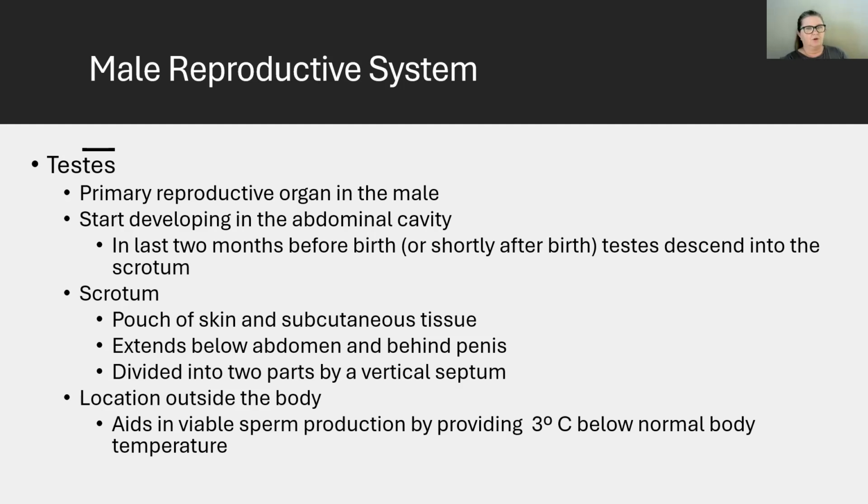So the fact that the sperm, which we'll talk about in a minute, is primarily produced, matured, and housed in the testes, and that their location is outside of the body, allows for it to be about 3 degrees Celsius below normal body temperature, aiding in the production and therefore the viability of the sperm, because they're not sitting in 98.6 or higher body temperatures and dying off.